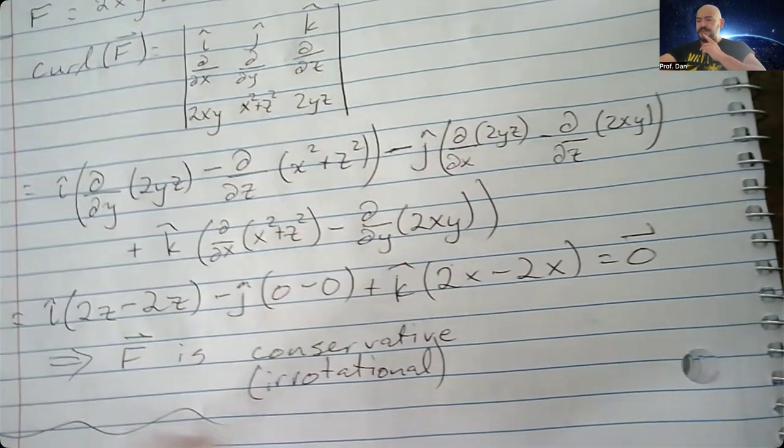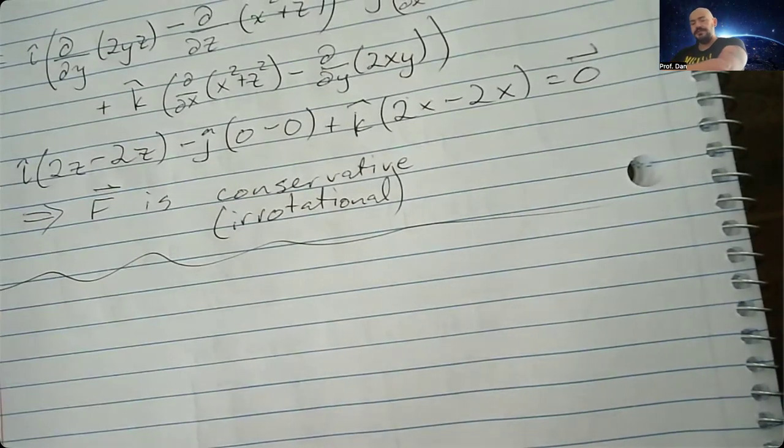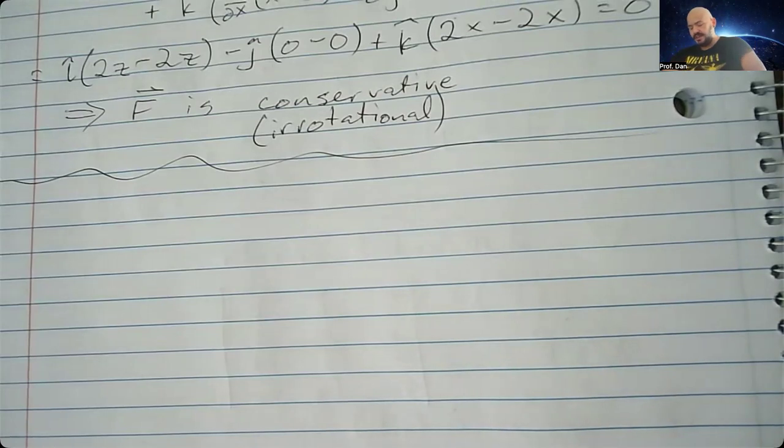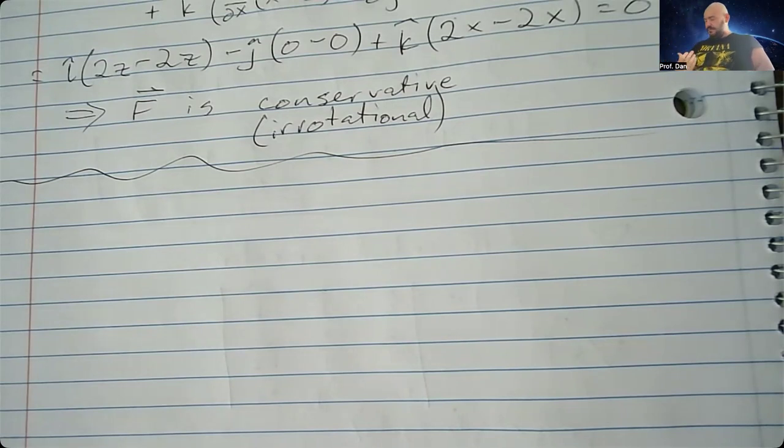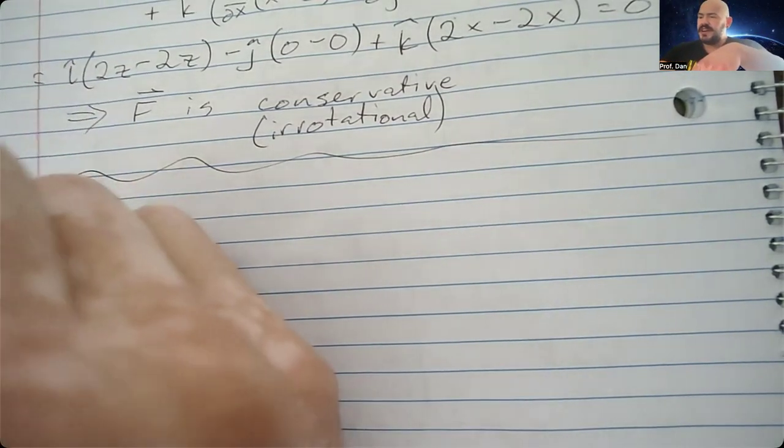So just like we can determine whether f is conservative for a three-dimensional vector field, we can also look to see what the potential function would be, basically in the same way.